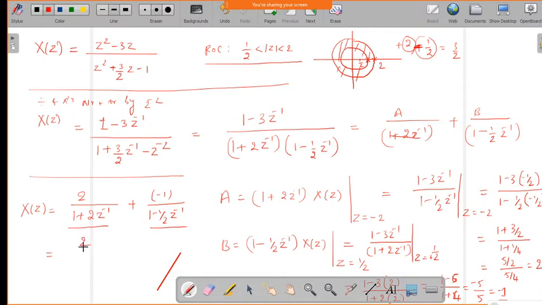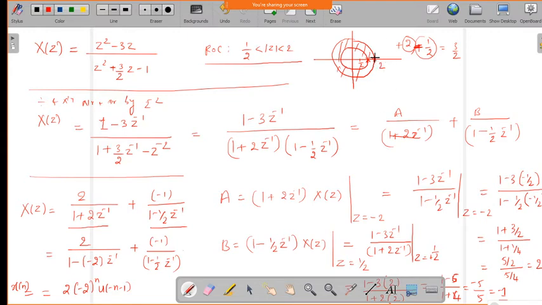So now we can write 2 by 1 plus 2 z inverse as 2 by 1 minus of minus 2 into z inverse, plus minus 1 divided by 1 minus half into z inverse. So now what is x of n you will get? x of n you will get as 2 into minus 2 power n into u of minus n minus 1, since it is a left sided signal, you can see the ROC here, it is 2.